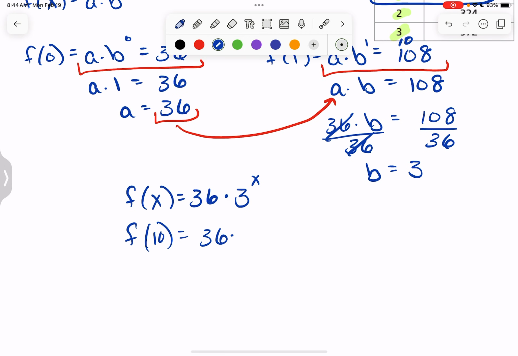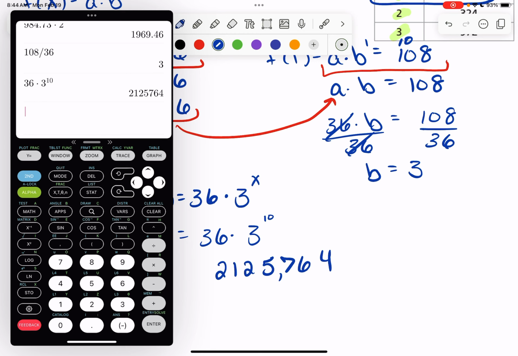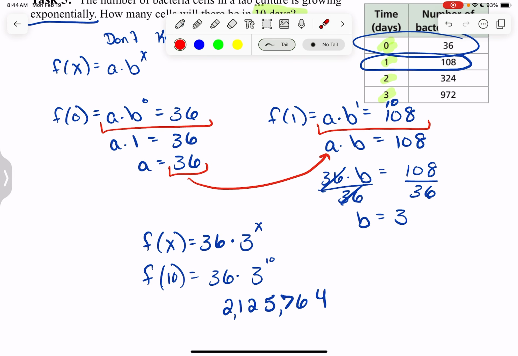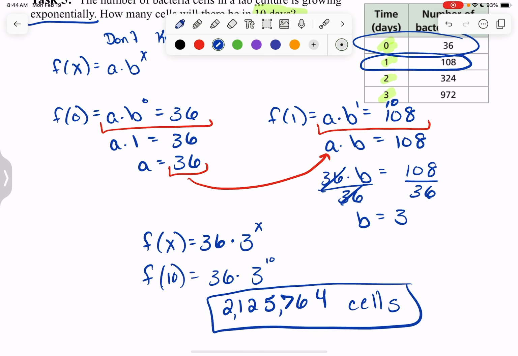Okay, 36 times 3 to the 10th is, wow, 2,125,764. That's over 2 million, which again is growing really fast. And look, day 3 already had 972. So it's multiplying by 3 each time because the base is 3. So it does make sense. By day 10, it would have that many cells.